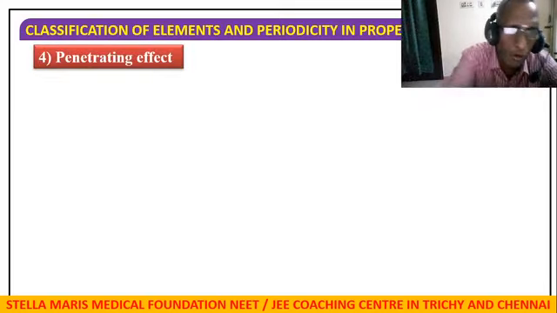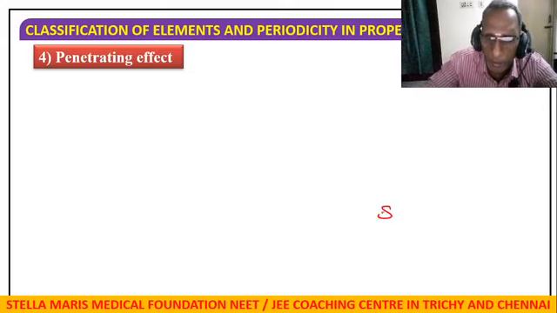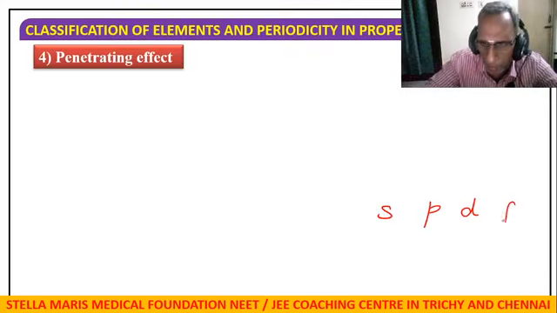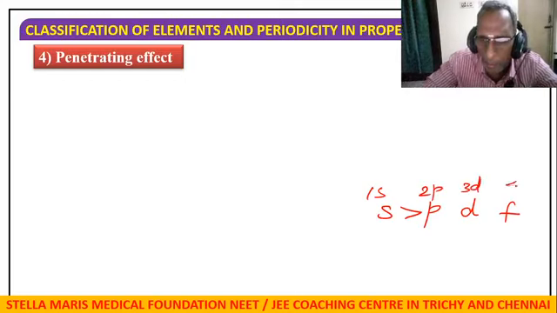Make a note. What is meant by penetrating effect? We have studied 4 types of orbitals: s orbital, p orbital, d orbital, f orbital. Here the s orbital is closest to the nucleus, 1s, but only 2p, only 3d, only 4f. So the p orbital is farther from the nucleus, the d orbital is still farther, and the f orbital is farthest.